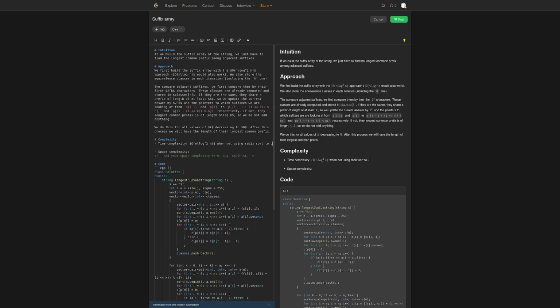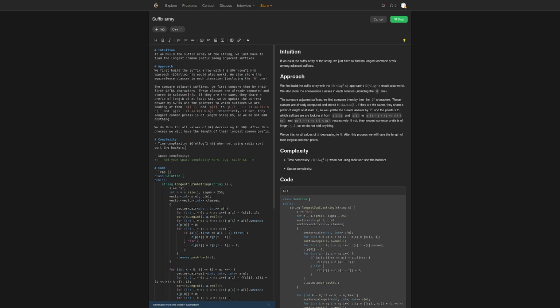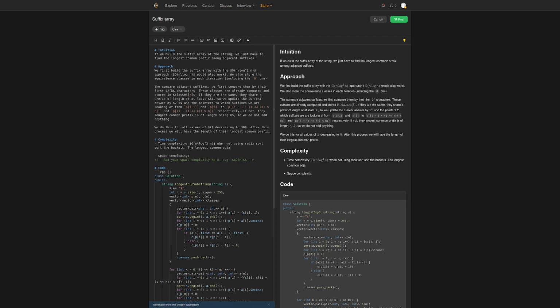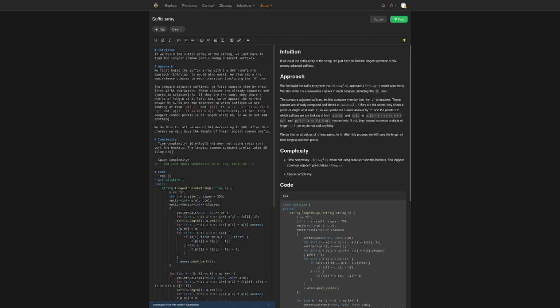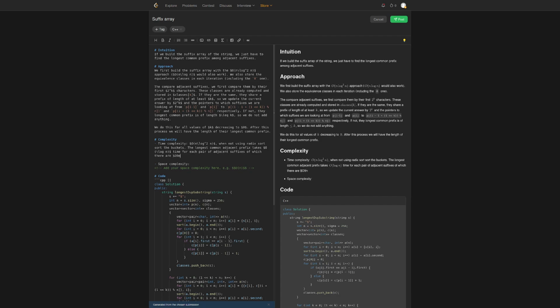With radix sort to sort the buckets, the longest common prefix between adjacent suffixes takes O(log n) time for each pair of adjacent suffixes, of which there are n.